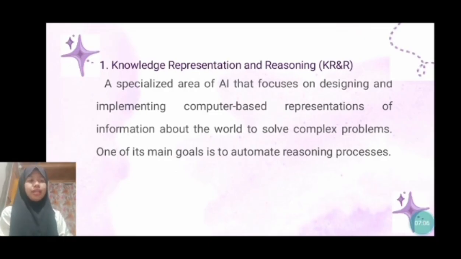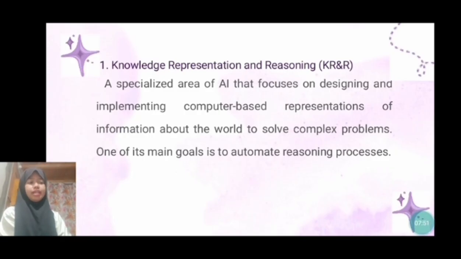When we say knowledge representation, or KR, it is about knowledge that is organized and stored inside a computer system. Reasoning is about using that stored knowledge to think, decide, or solve problems. That's why when we ask AI, it can answer or give us conclusions like humans do.